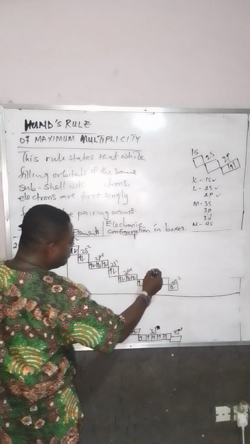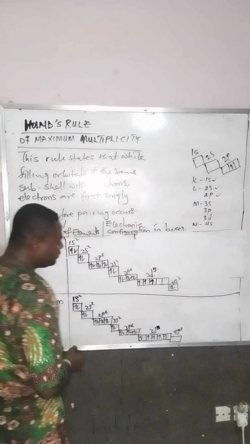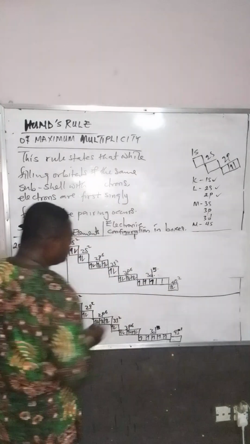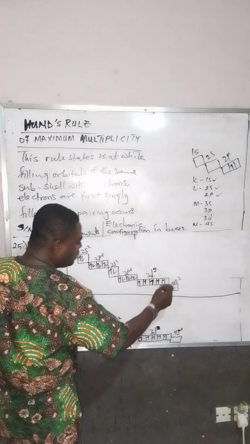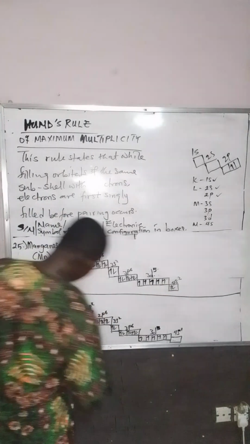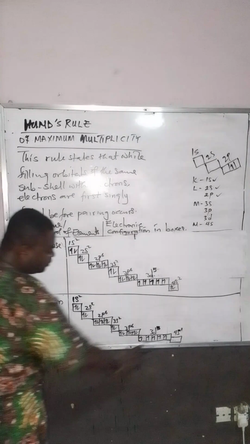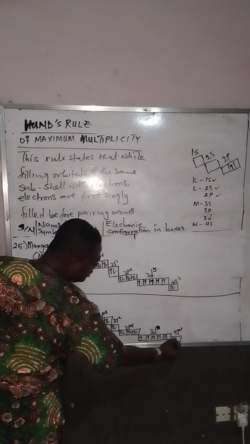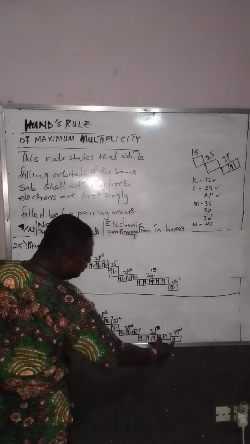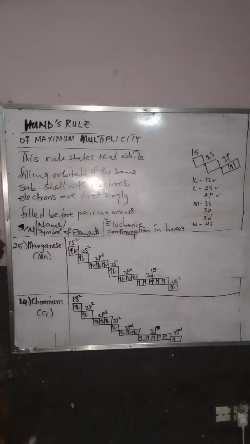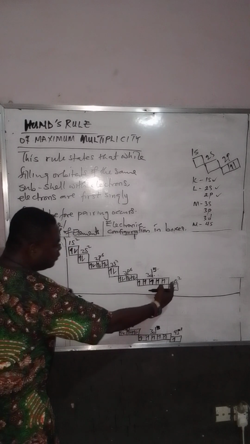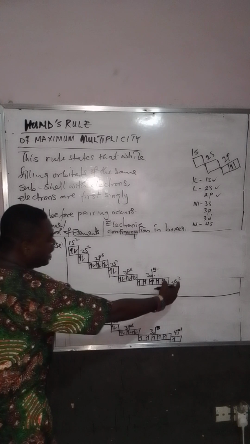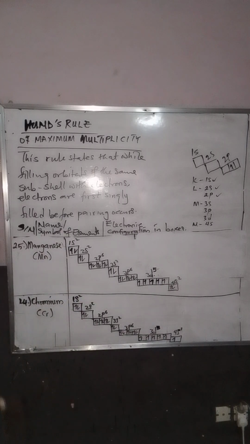We have this one that will have the 5, then 4s2. So the difference between manganese and chromium is that one has a filled box here and 5 3d. This one also has 5 3d, but 4s is filled with 2 electrons.